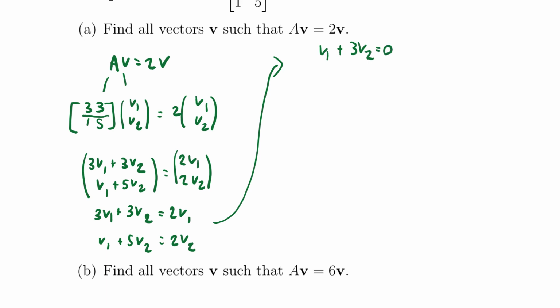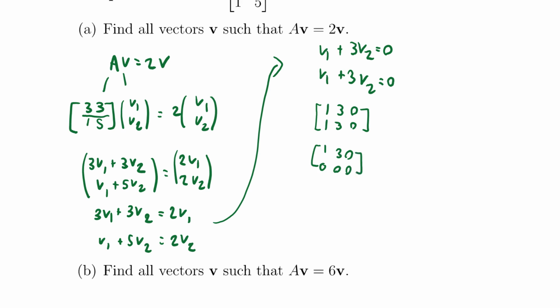And then the second equation becomes v1 plus 3v2 equal to 0. You can see this is already the same equation, but let me do the matrix thing. 1, 3, 0. 1, 3, 0. The reduced row echelon form for this would be 1, 3, 0, and then the second row disappears.